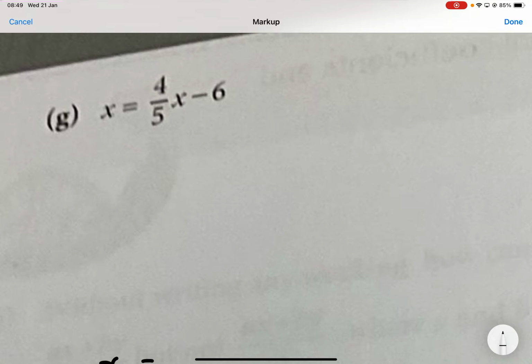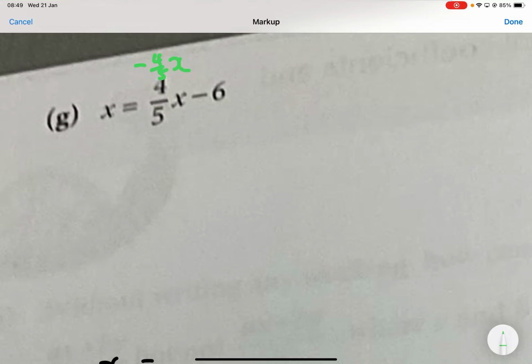This term, 4/5x, and this term, -6. So if I don't want the x to be on the right, I want to make it disappear. I want to minus it away.